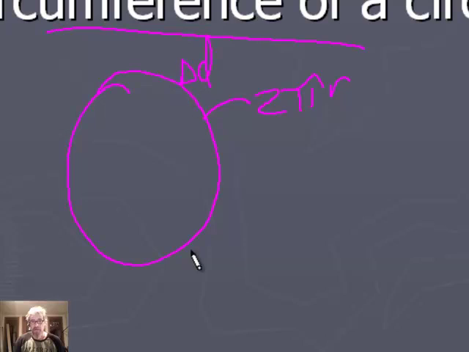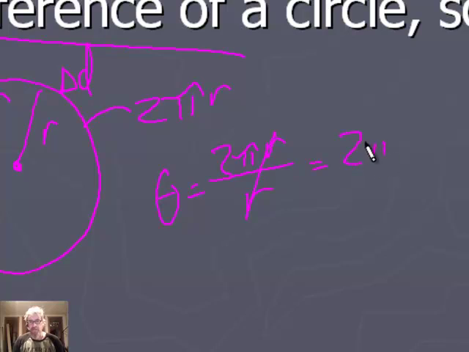And the radius, of course, is r. And so theta in radians is 2 times pi times r, that's delta d, divided by r. Well, r drops out of here, and our angle, when we go one complete revolution, turns out to be 2 pi radians. Some of you already knew that from a trigonometry class or something.